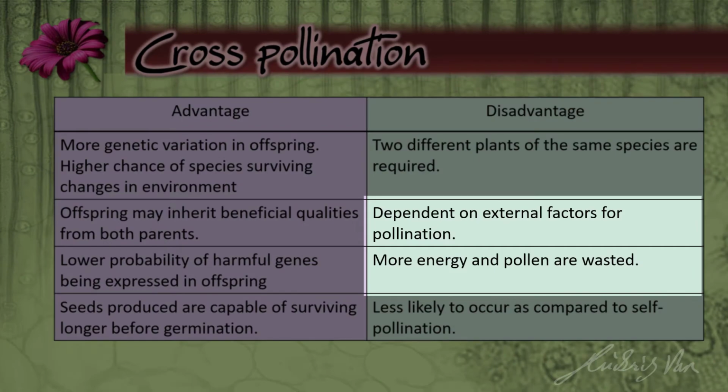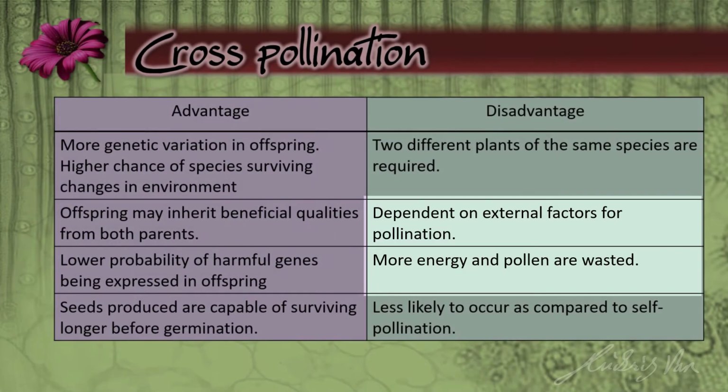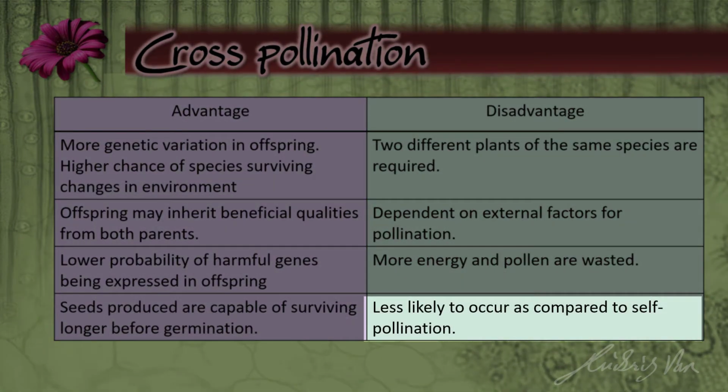It depends on external factors such as insects or wind, and of course the chance of pollination happening is lower, so more energy is wasted, and due to the higher chance involved, it is less likely to occur compared to self-pollination.